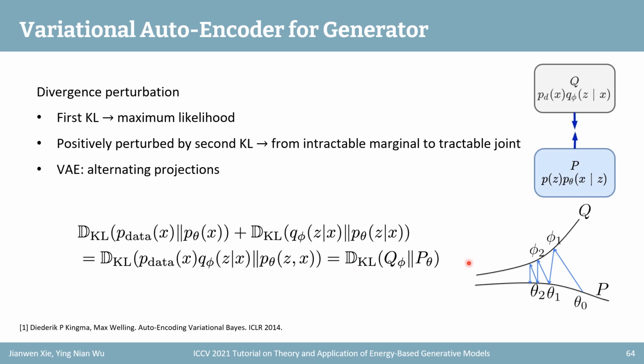And then you can think of this VAE as an alternating projection. So you have a Q family where each point corresponds to a value of phi, right? And you also have this P family. So you do this alternating projection until convergence. So this is how we understand variational autoencoder from this divergence perturbation perspective.